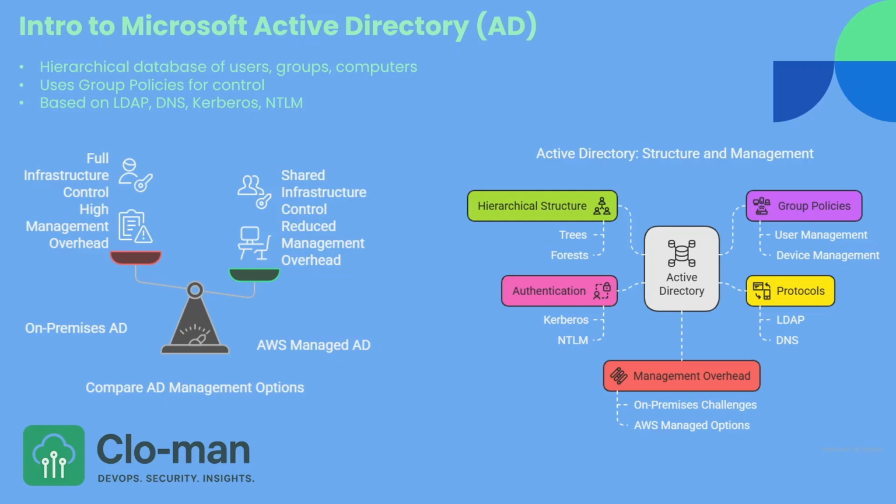Under the hood, AD uses protocols like LDAP and DNS, which supports authentication via Kerberos and NTLM. LDAP stands for Lightweight Directory Access Protocol. But there is a catch. Managing AD on-premise involves a lot of overhead. That's why AWS comes into the picture with managed options.